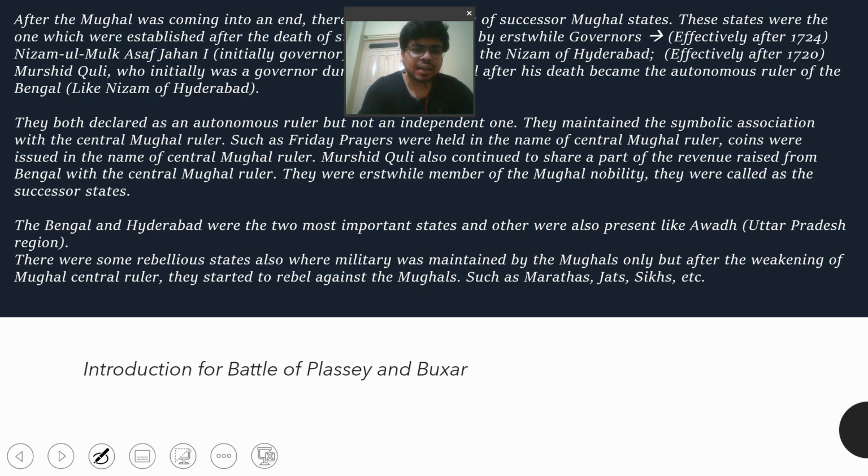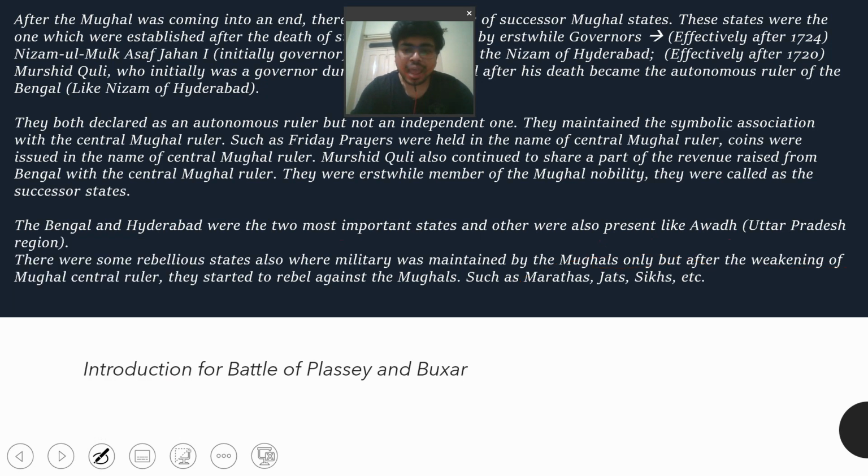There were also some rebellious states whose military was maintained by the Mughals only, but with the weakening of the central Mughal rule, they started to rebel against the Mughals, such as the Marathas, Jats, Sikhs, and others. What does it mean?